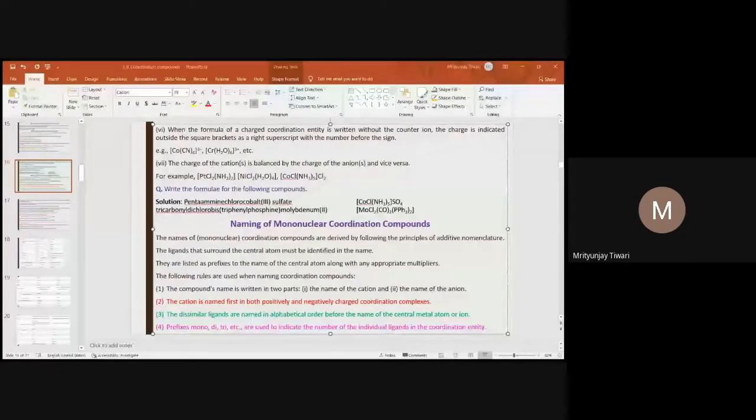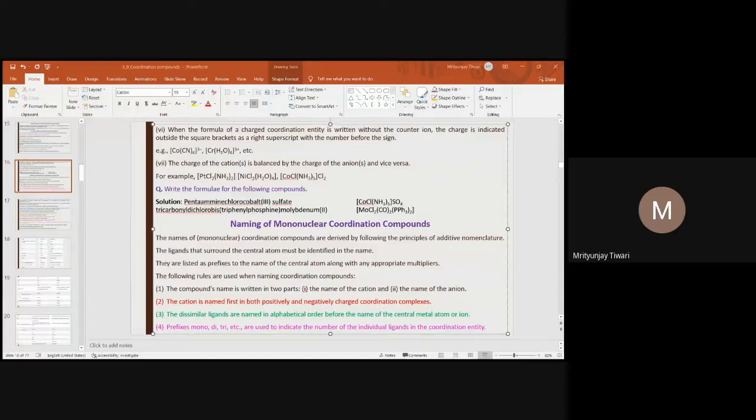When the chlorine parts away, it will take both electrons of the shared pair, and so there will be a charge on this as well. So there will be one extra charge on the cobalt because of this.